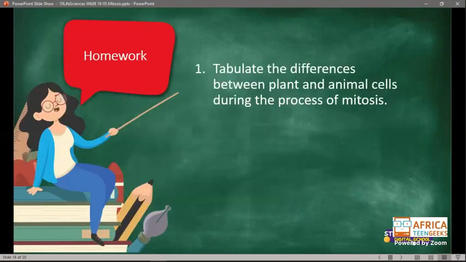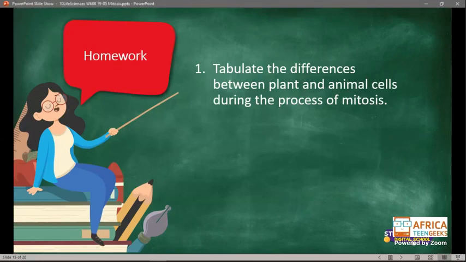So guys, this is your homework. Between plant and animal cells during the process of mitosis. Remember we said the cell cycle differs for plant cells and animal cells. So you guys can tabulate the differences. We talked about those in our slides.